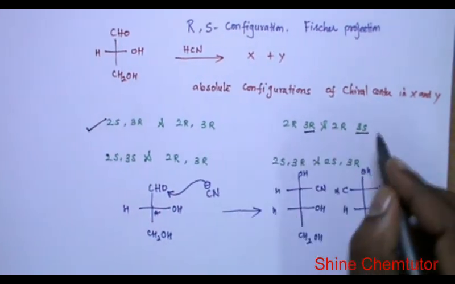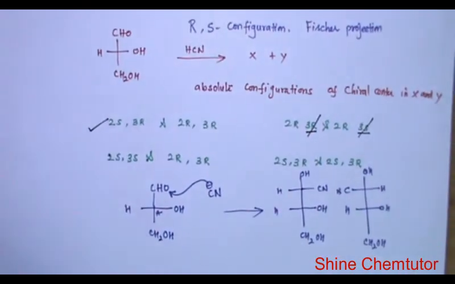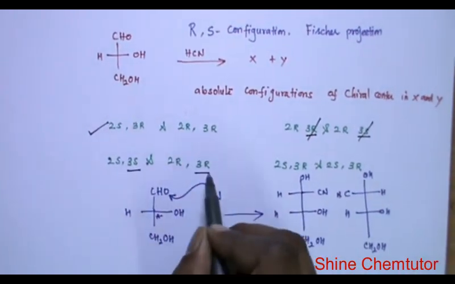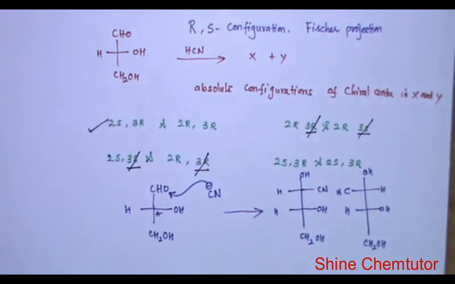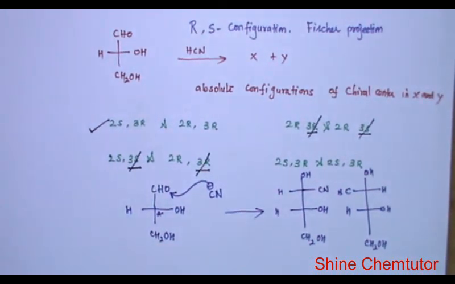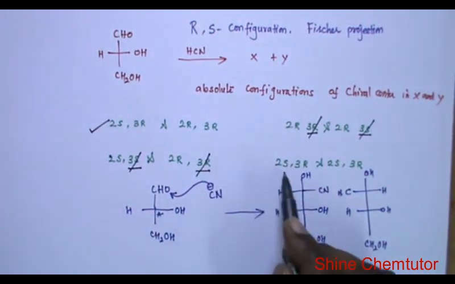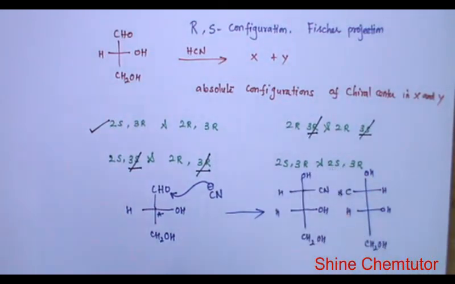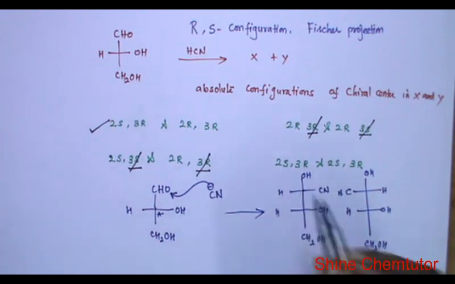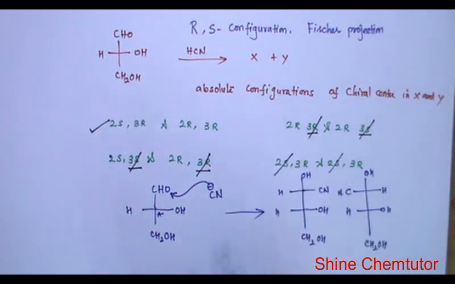Here it has been changed, so that is not possible. Similarly here it has been changed, this also is not possible. In this case the configuration of the second carbon is the same, so that is not possible, it should be opposite. So this also is not possible. The first option is the correct one.